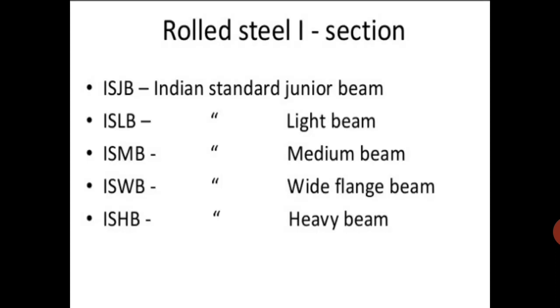So first of all we will see rolled steel I section. These are the symbols and their long forms. First is the ISJB. ISJB means Indian Standard Junior Beam. Second, ISLB, Indian Standard Light Beam.